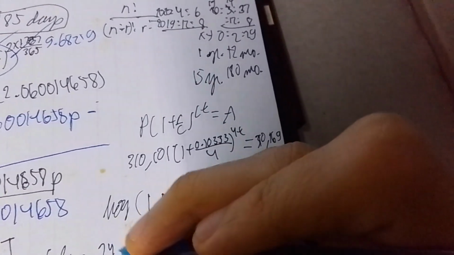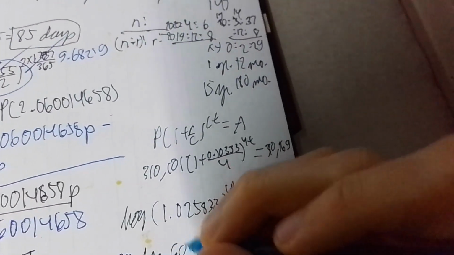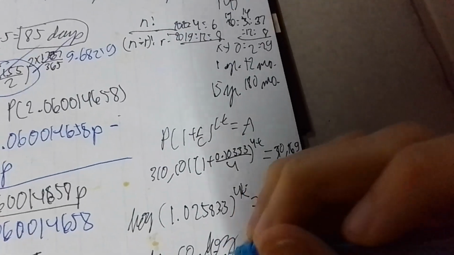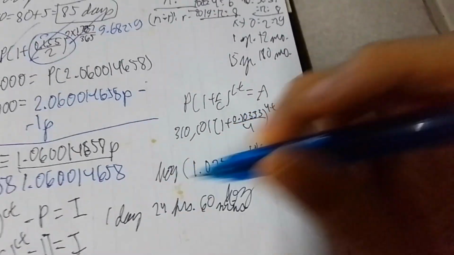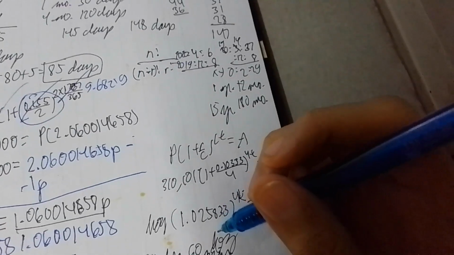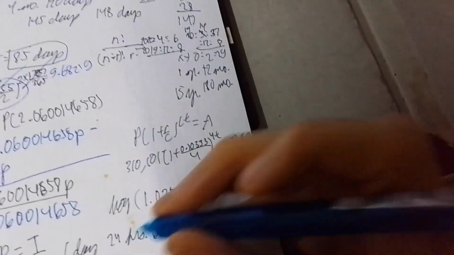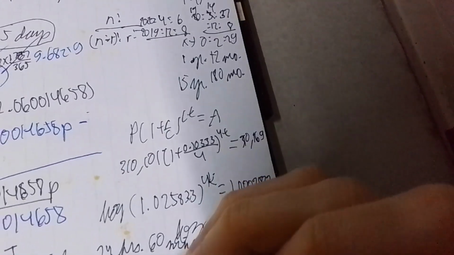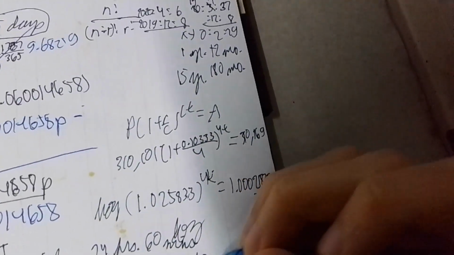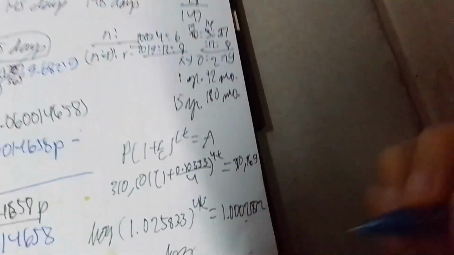Because if I do the ratio and proportion like this, we have it like this. Let me write it for you. Where's my pen? 1 day, 24 hours, and 60 minutes. So, we multiply on the left. 24 times 60 equals 1 day's worth of minutes.